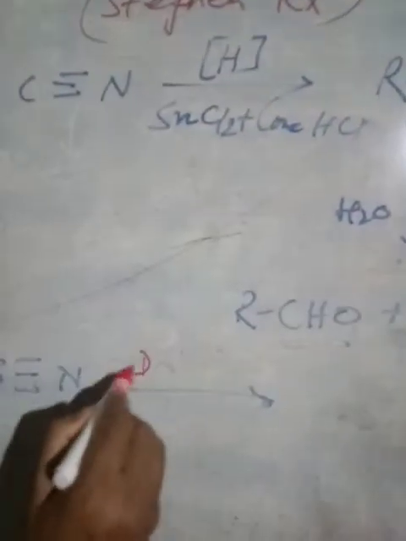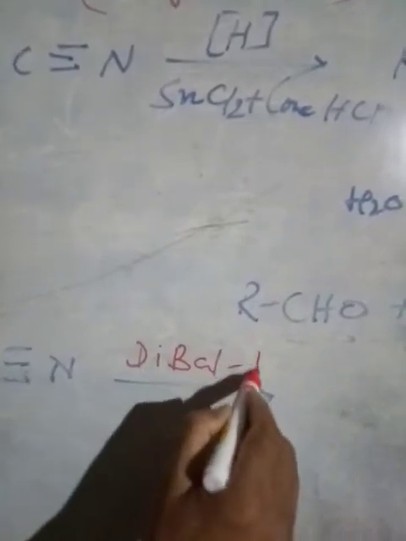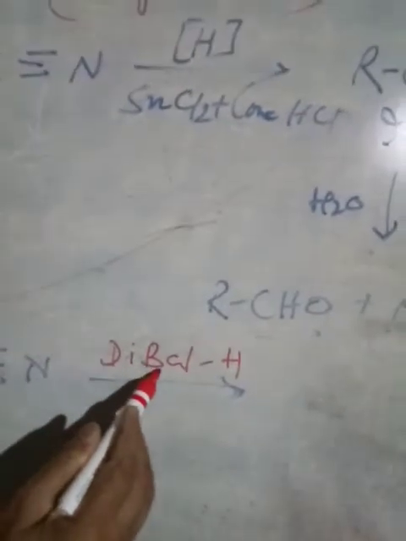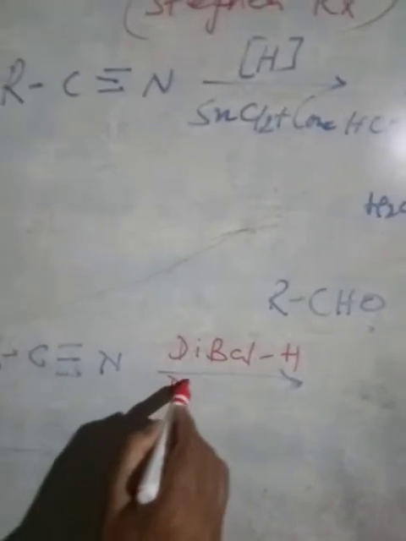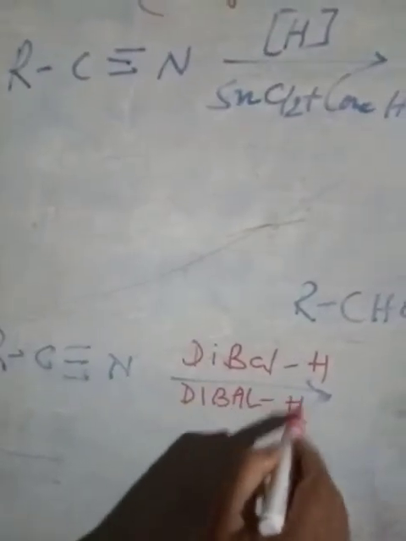Now another reagent which can be used to prepare an aldehyde from cyanide is DIBAL-H, that means diisobutyl aluminum hydride. I am writing in capital letters, DIBALH.